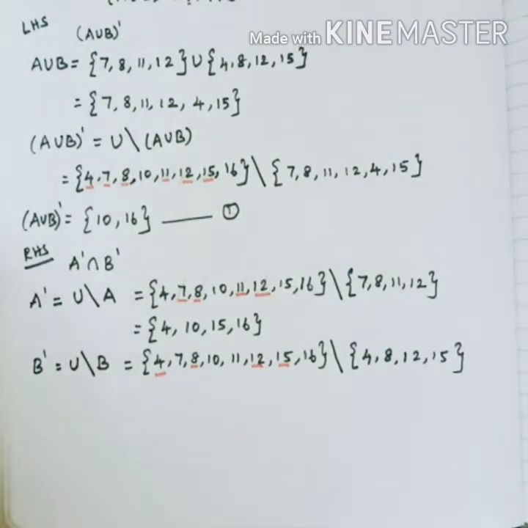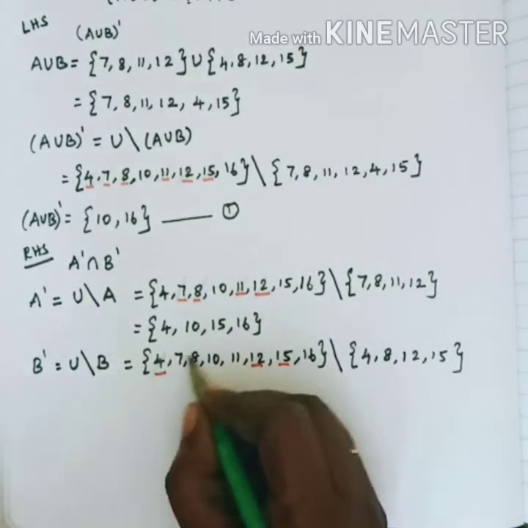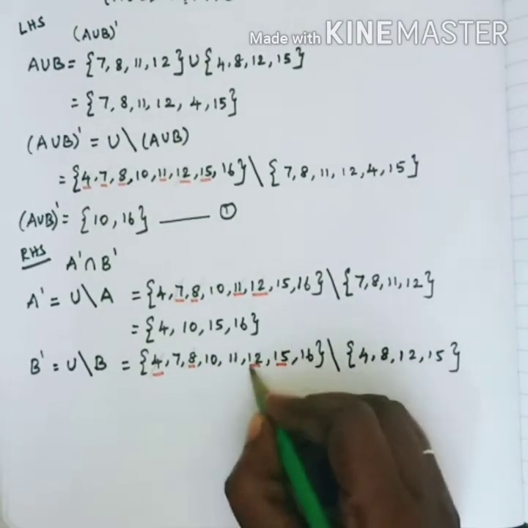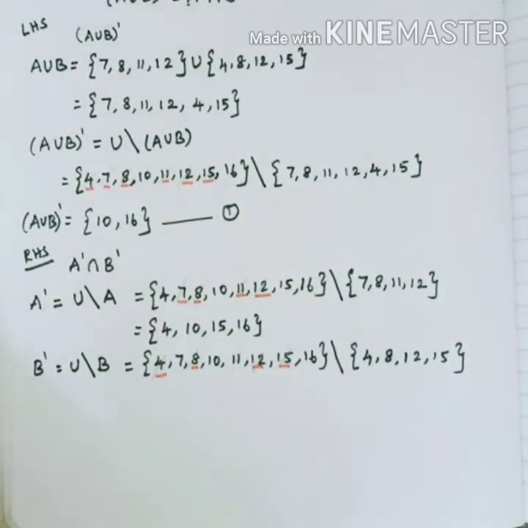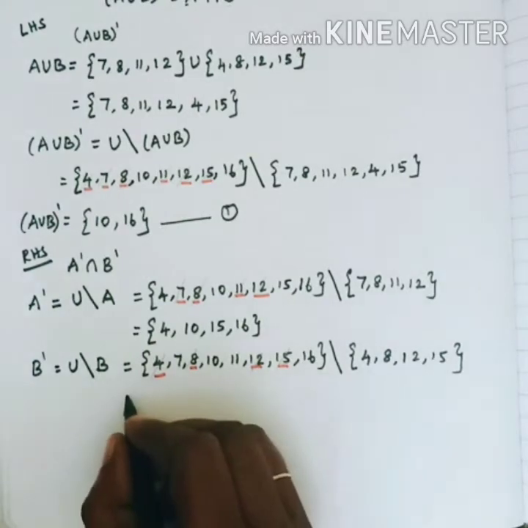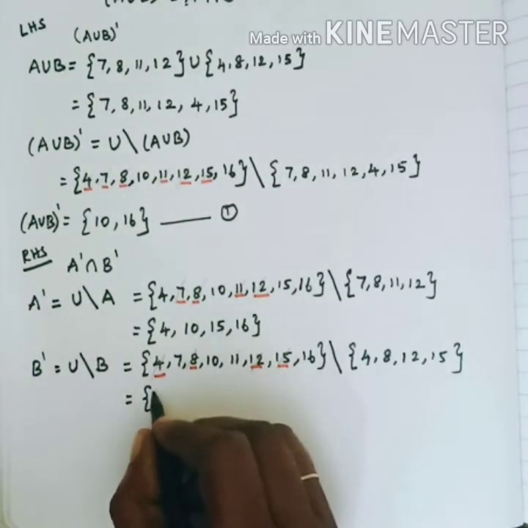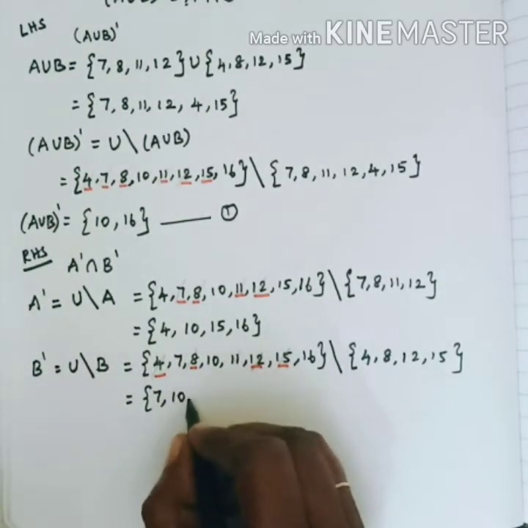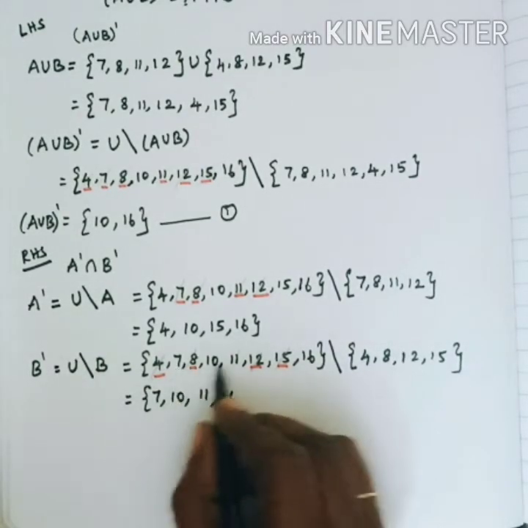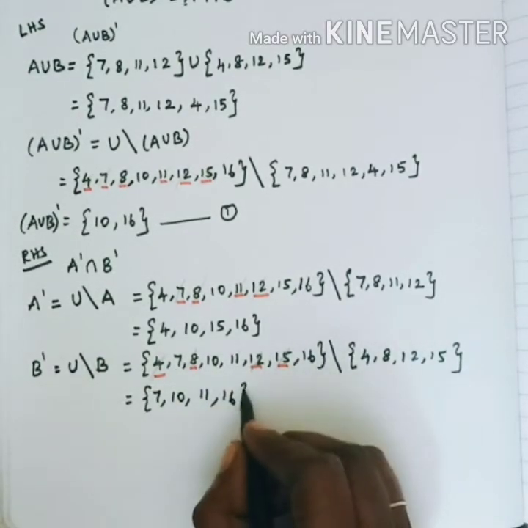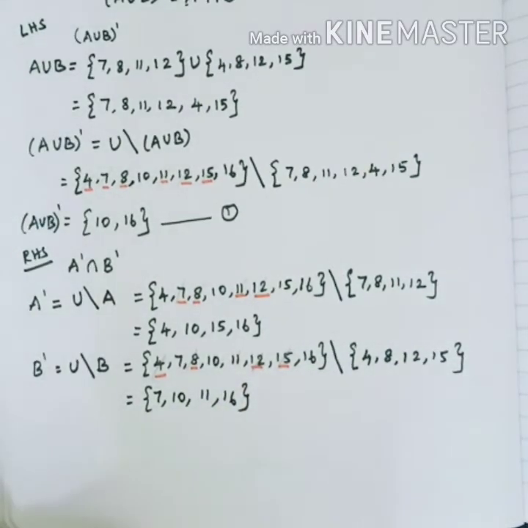So you have to omit these elements from the first set and write the remaining elements. What are the remaining elements? 7, 10, 11, 16. So 7, 10, 11, 16 are the remaining elements in the first set.